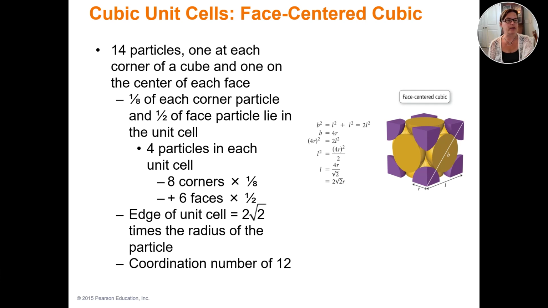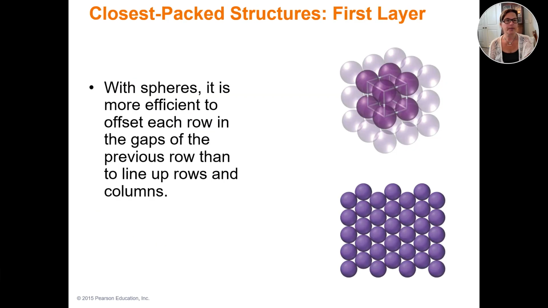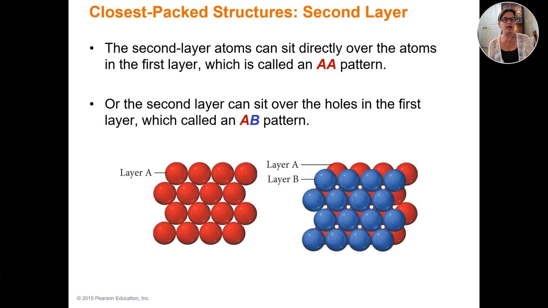So here's just another example. This AB pattern, what you need to take away from this is that it's that staggering effect of how to pack. We not only want to stagger the rows instead of doing this.